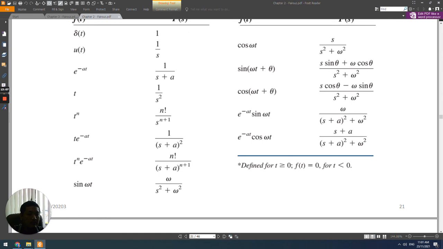Exponential minus at sine omega t equals omega over (s plus a) squared plus omega squared.